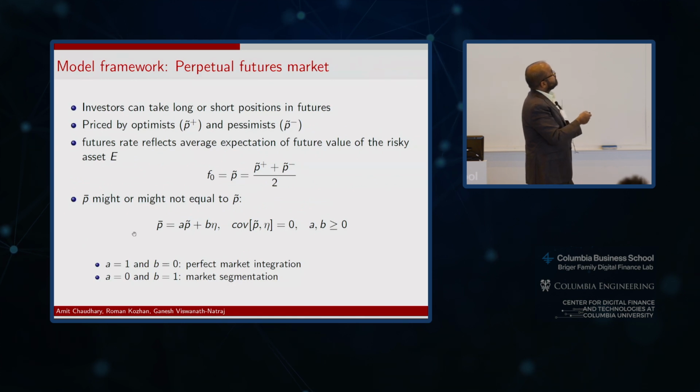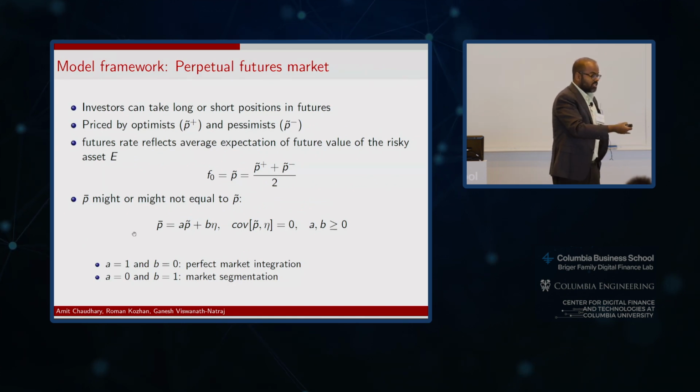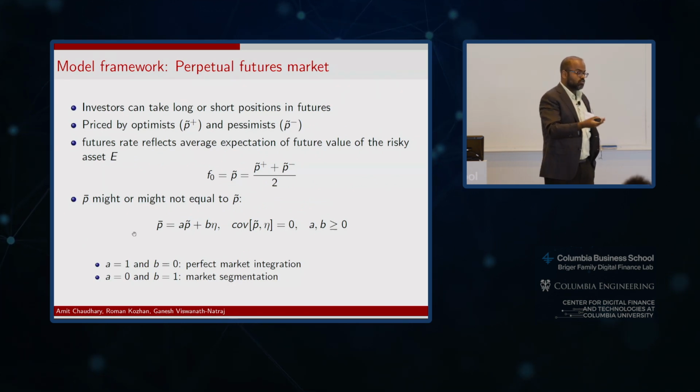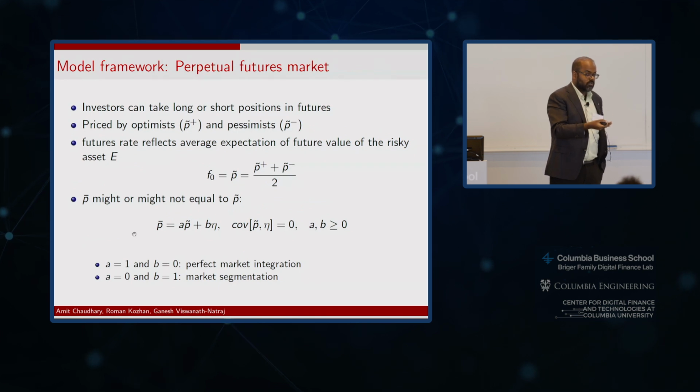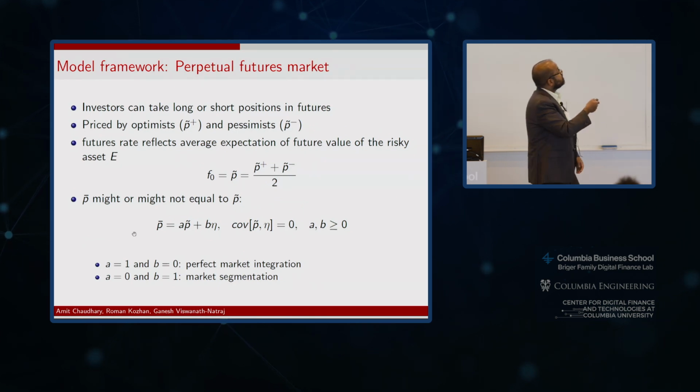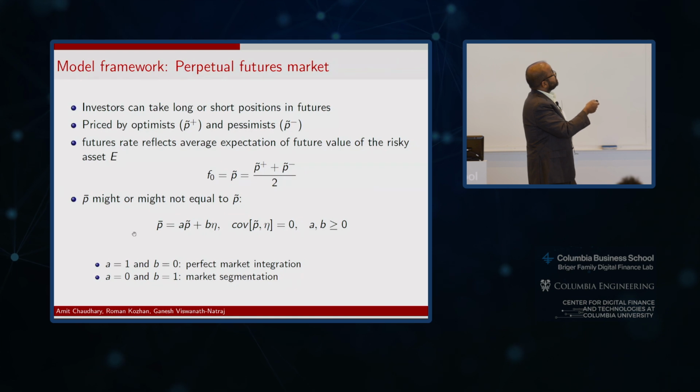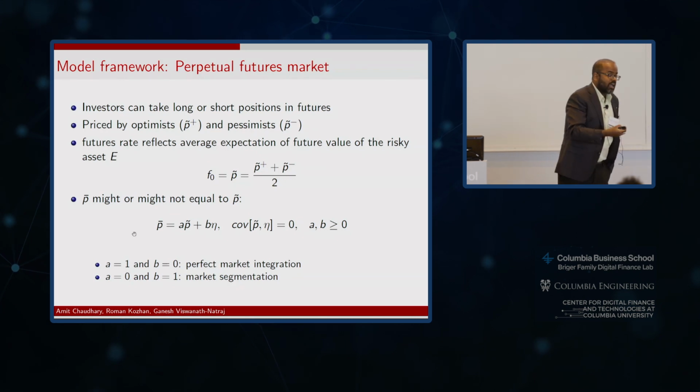So if we look at the futures market, you could also do long or short positions in the futures market, right? So here you're going to get a futures rate that is also a function of the optimistic and pessimistic beliefs of investors. But we allow for the fact that there could be segmentation between markets.